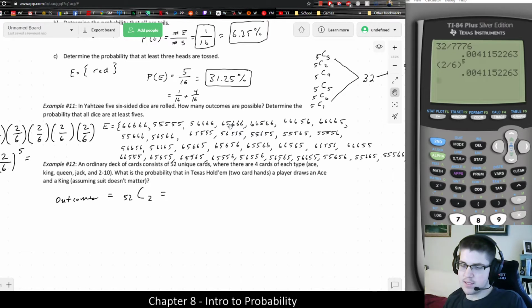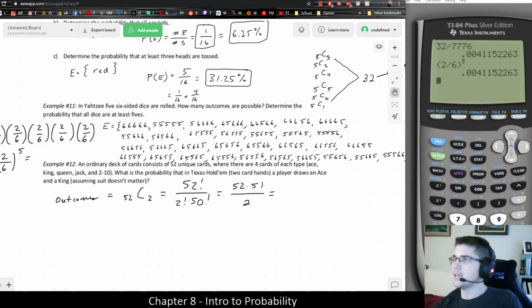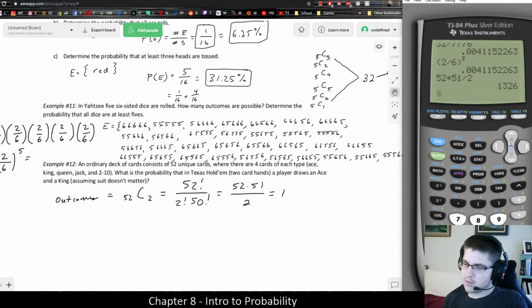We could redo the math: 52 factorial divided by 2 factorial times 50 factorial, which ended up being 52 times 51 over 2, or 26 times 51, which was 1,326. So basically, we know our sample space size.